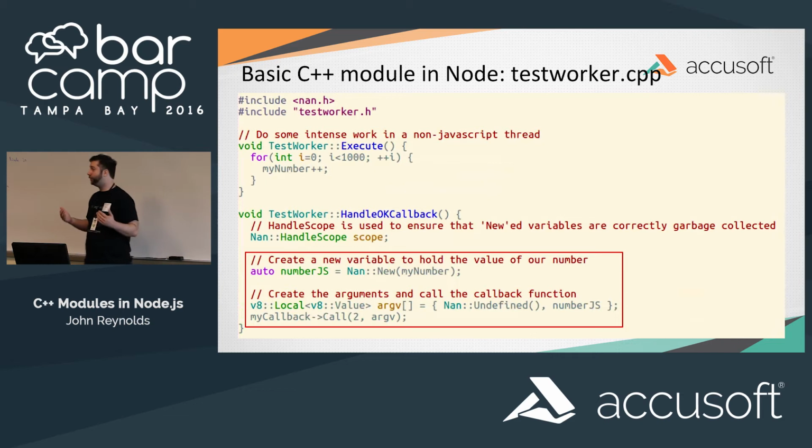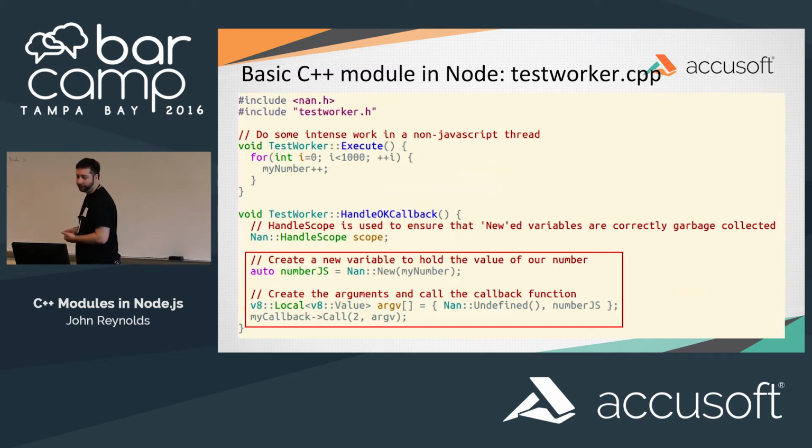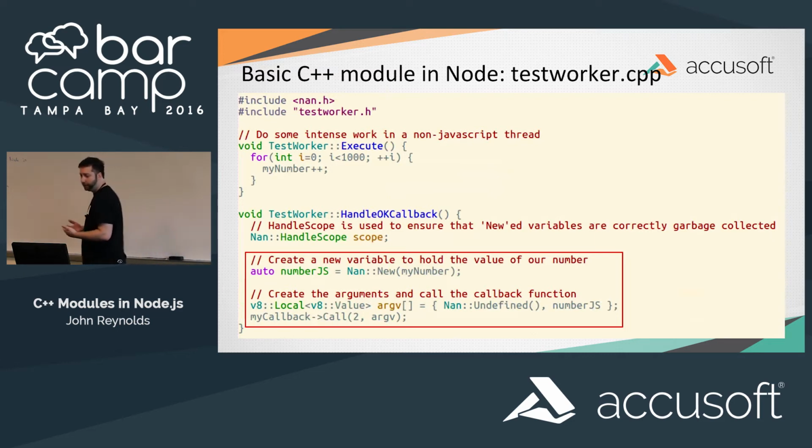So now that we've done our extensive calculation, if you will, the for loop, we're actually going to return that new value back up through the callback. So to do so, we now have recalculated a new number. We've added 1,000 to it. And we're going to turn it into a JavaScript variable. So that's what the first line is doing. And additionally, we're going to call the callback function that we provided to Node.